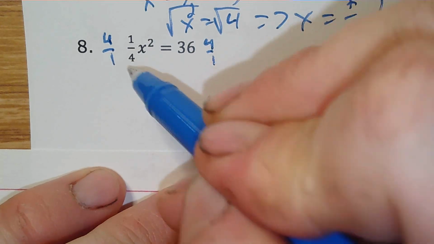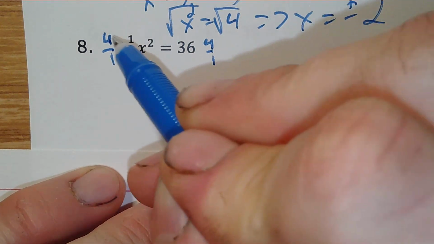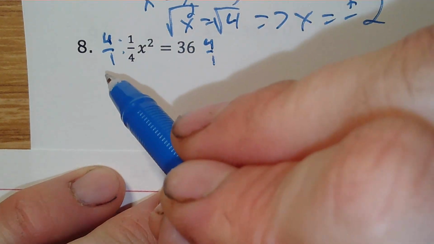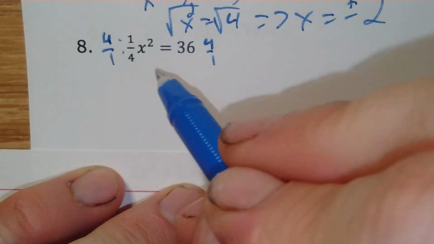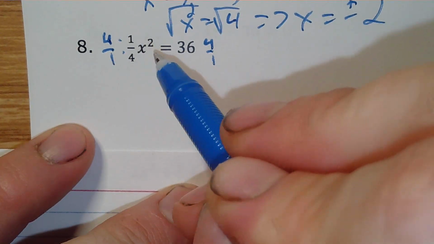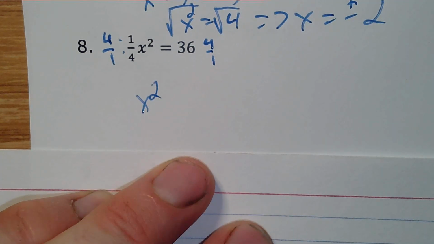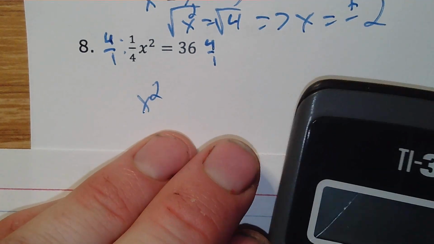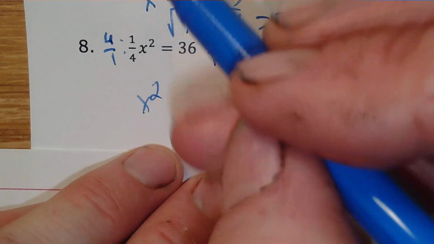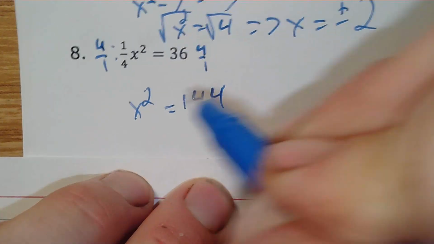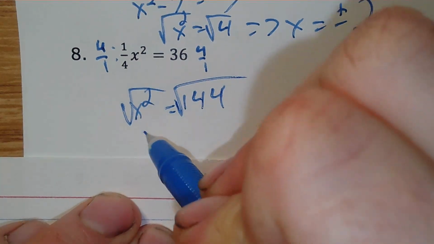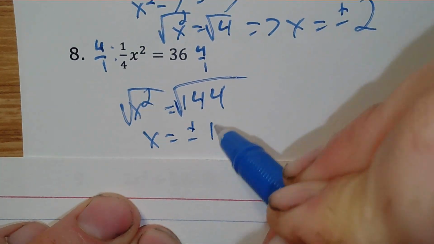This makes it 4/4 x squared, which is just x squared. And then 36 times 4 is 144. Square root of either one of those, x equals positive or minus 12.